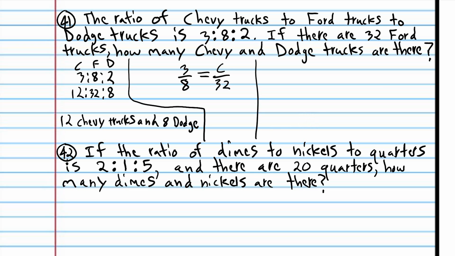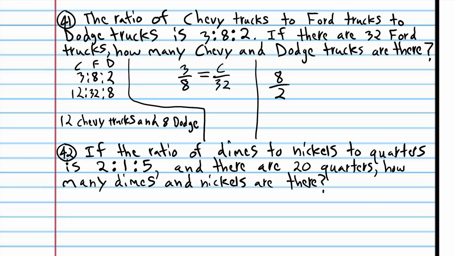And you would also have to set up another proportion. So that was the ratio of Chevy to Ford, but you'd have to set up the ratio of Ford to Dodge in the next one. So 8 over 2, Ford to Dodge.